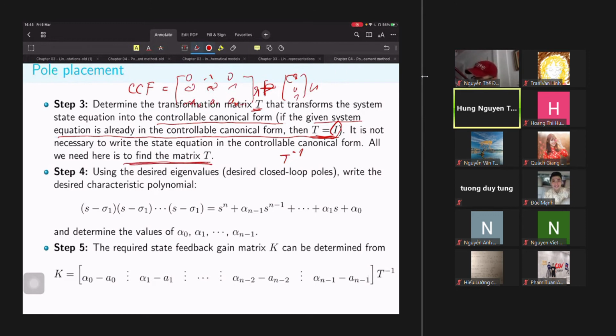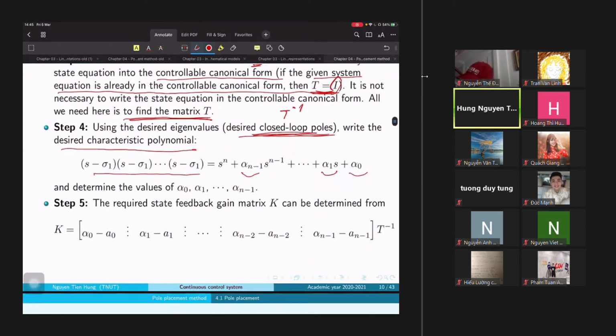And in step 4, using the design eigenvalues and design closed loop poles, write the design characteristic polynomial in this form. By this form, you can find alpha n minus 1, up to alpha 1 and alpha naught. And then finally, we will find K by this form.